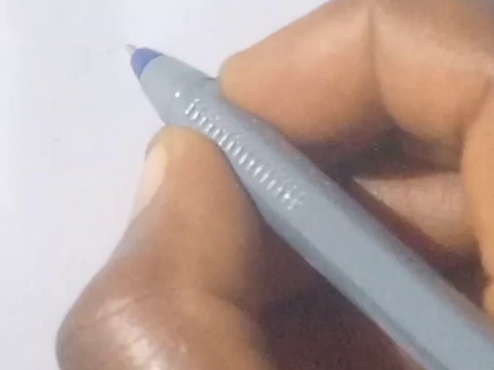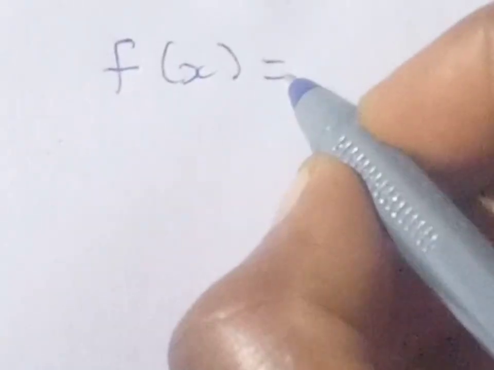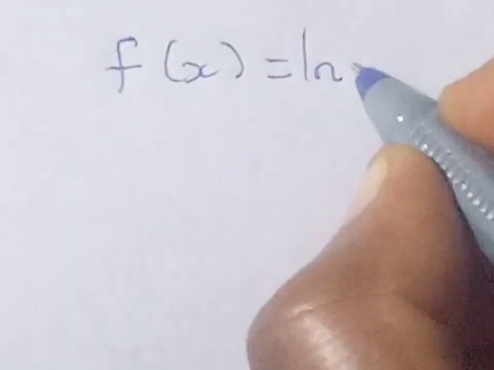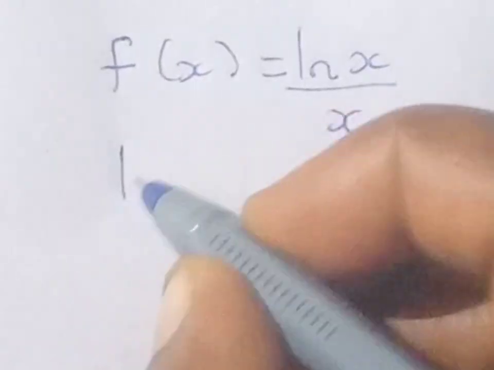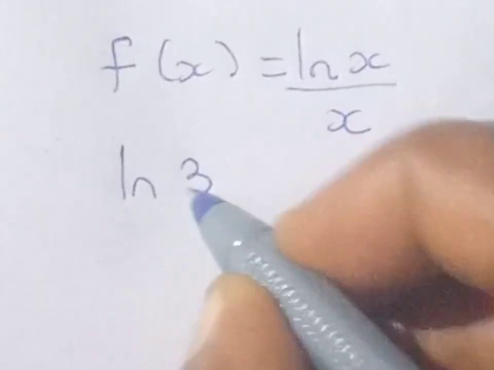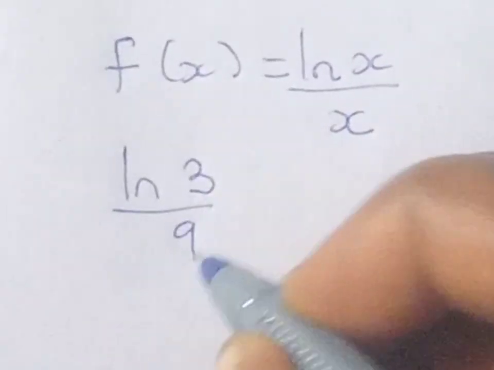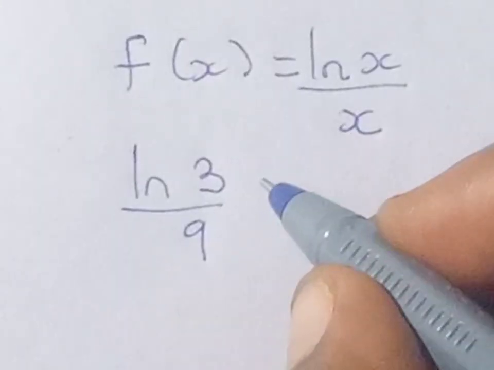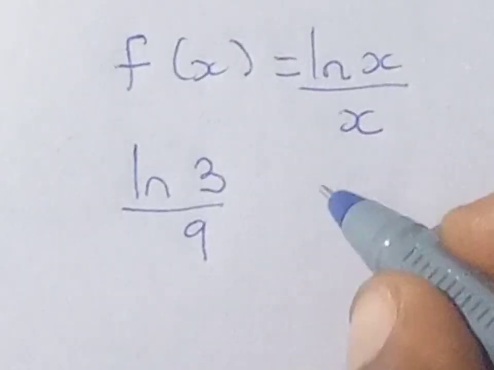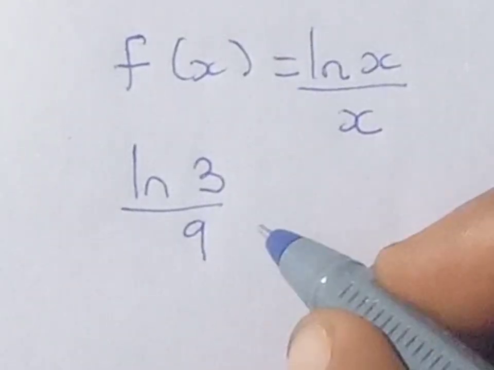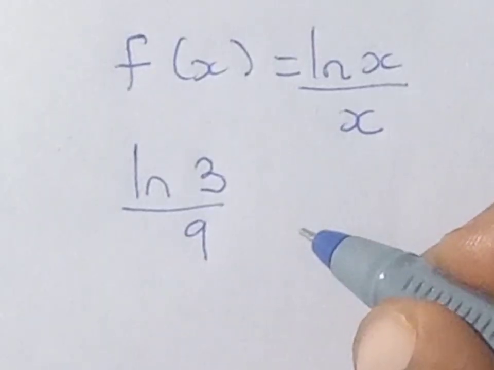That is, f of x equals the natural logarithm of x divided by x. Since the natural logarithm of 3 divided by 9 is smaller than the maximum value, then the equation has two positive solutions. Now let's find the first solution.